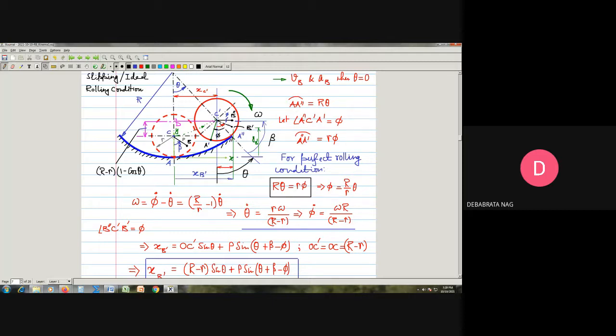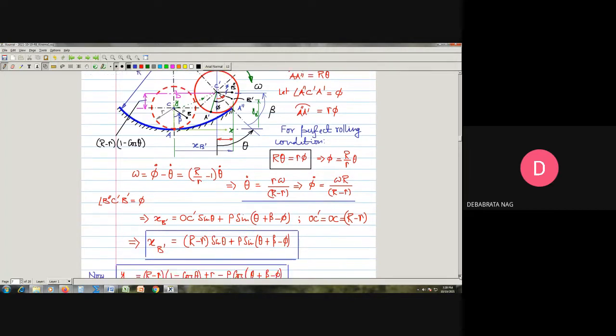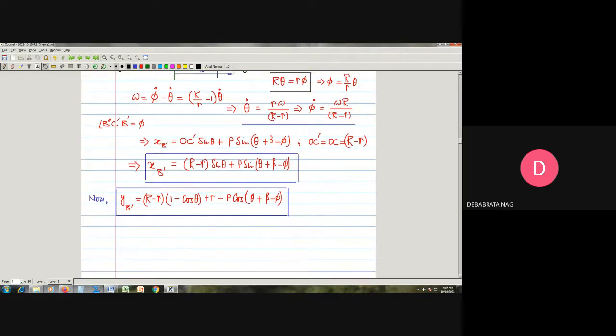So you need to calculate the height of the projection of this B dash point on this vertical line. The projection is in the downward direction. So therefore the resultant coordinate of this point comes out in this manner. So it is going to be our y coordinate of the point B dash.